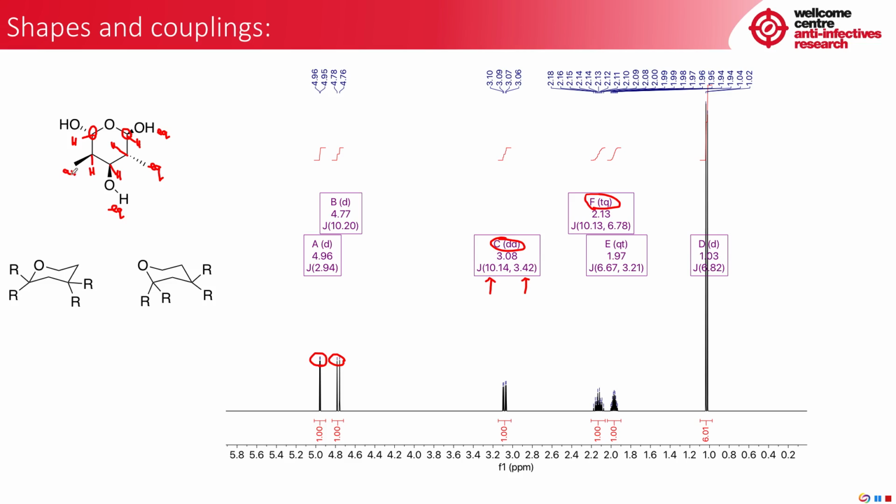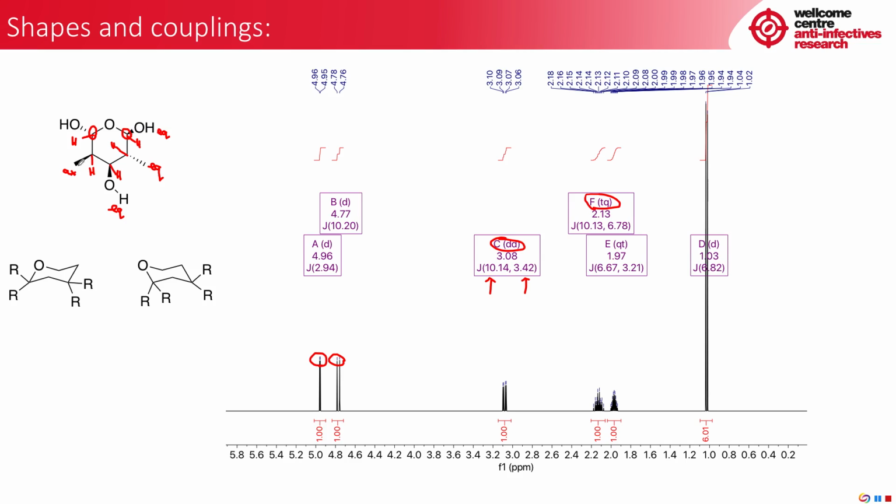And actually this fits what we know about how these chair conformations must work, because if this hydroxyl substituent is pointing up, then the next equatorial substituent must point down, and so this position must be axial.